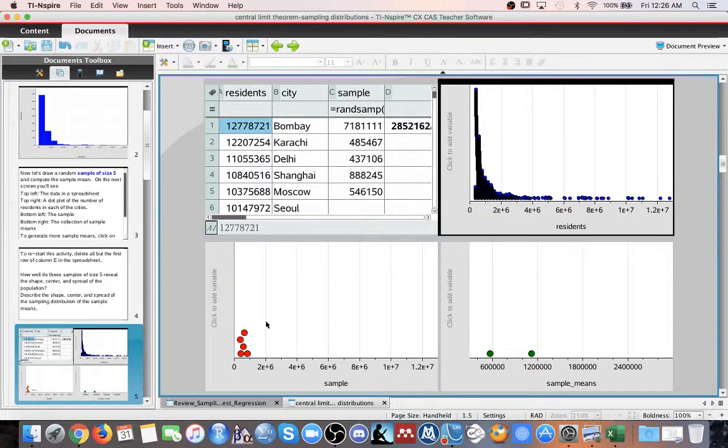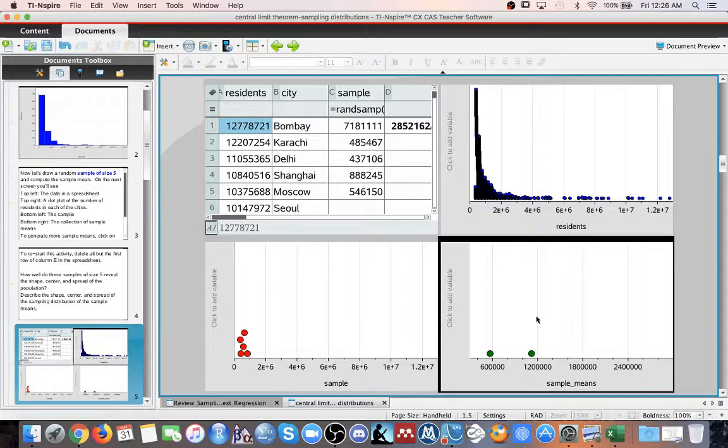On the bottom right graph, you're going to see the means of all these different random samples of 5 that we pull out one at a time.